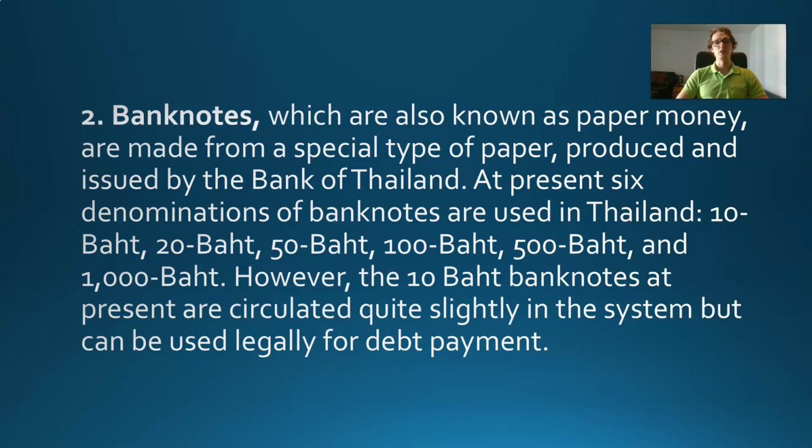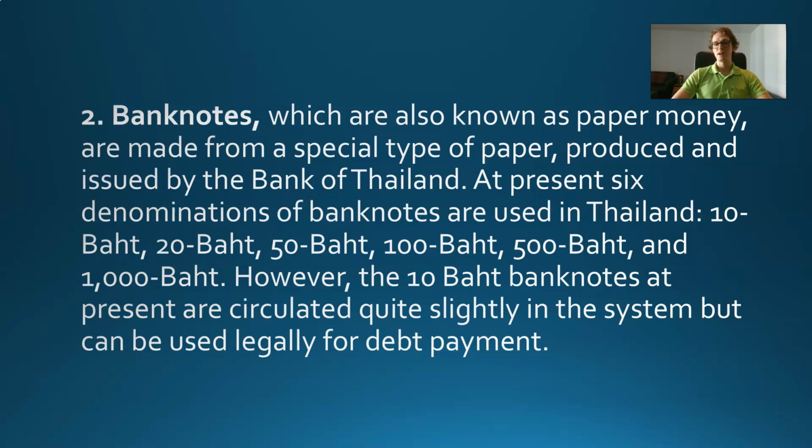Next, we have banknotes. Banknotes, which are also known as paper money, are made from a special type of paper produced and issued by the Bank of Thailand. At present, 6 denominations of banknotes are used in Thailand: 10 baht, 20 baht, 50 baht, 100 baht, 500 baht, and 1,000 baht.